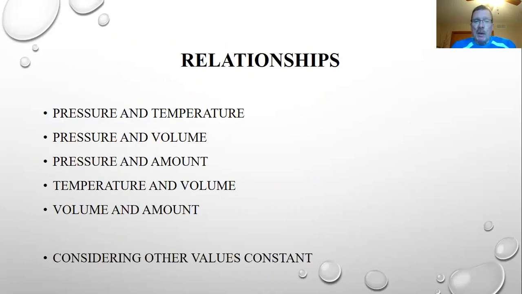Now, where we're going to go tomorrow is start looking at these relationships. They are all interactive. So you really have four things: the pressure, the volume, the temperature, and the number of moles, the amount. And they all work in concert together. But it's hard to design experiments that allow you to have four variables.